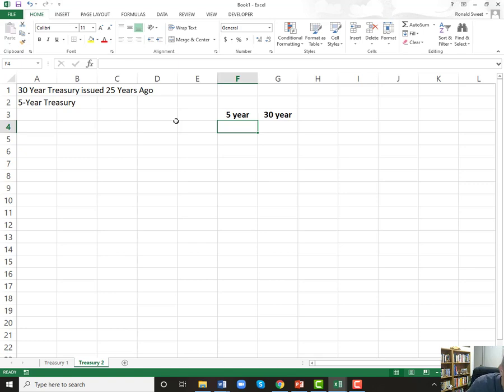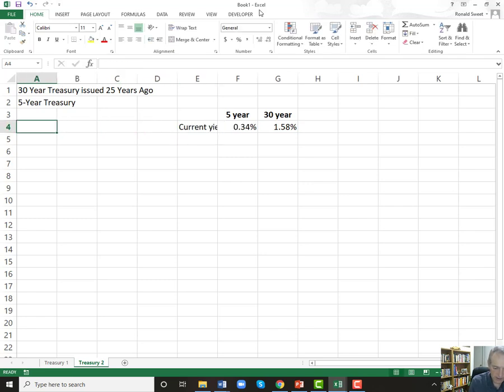The 5-year Treasury today is 0.0034%, and the 30-year today is 1.58%. Still an amazing number.